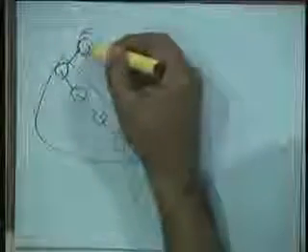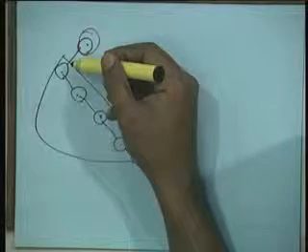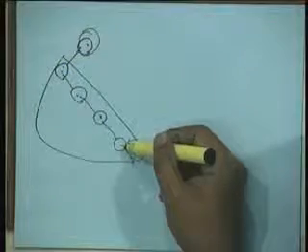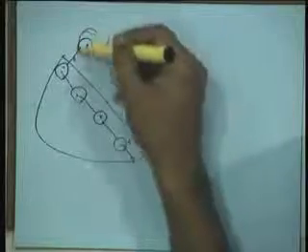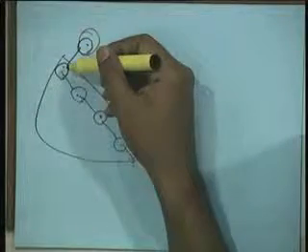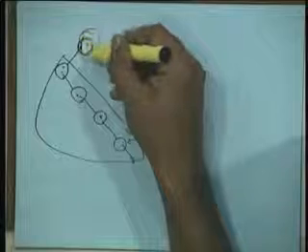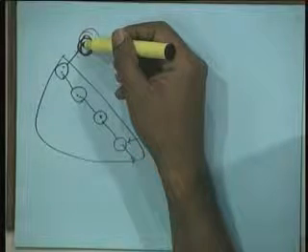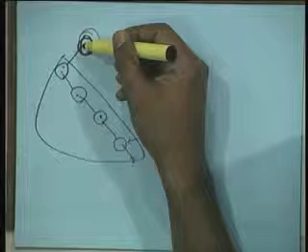In fact, this guy is the largest node in this entire subtree. Yes, because how did I find the largest node? I come here and I keep going right, which is exactly what I do. So this is the largest in this entire subtree, and the node following this is then this guy. Yes or no? Yes.